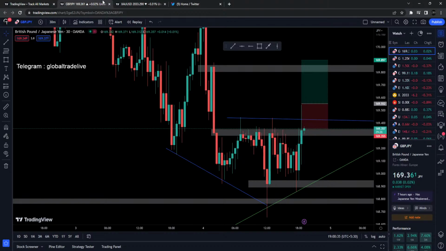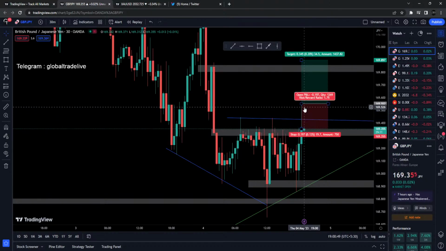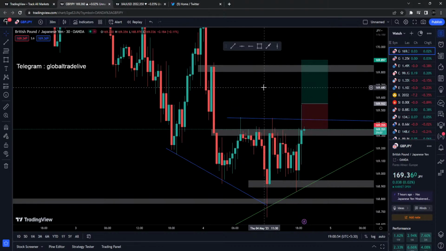Okay guys, so the 30-minute candle has closed over here, and look at this. This 30-minute candle has closed above the bodies of the previous 30-minute candle, right? So there is a possibility that this candle will move up and break the high to continue moving up.